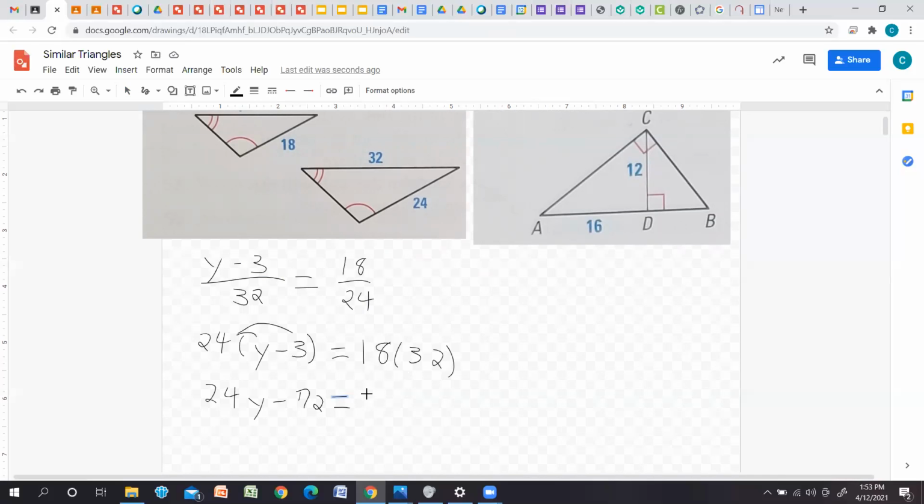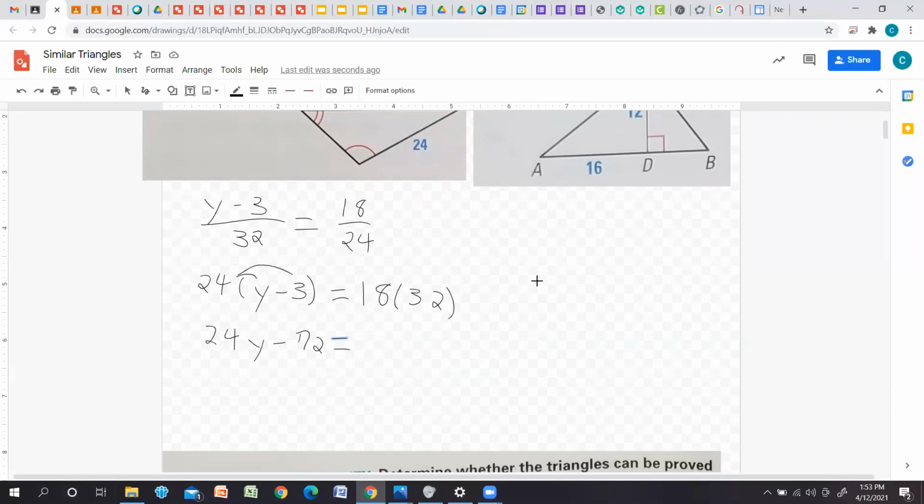It would actually be simpler to divide and simplify first.